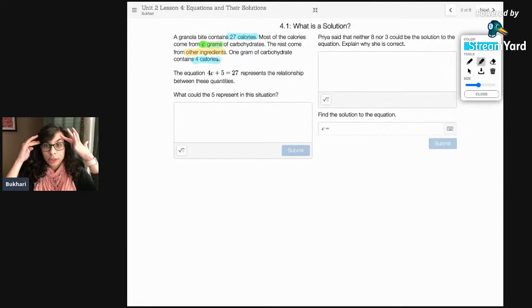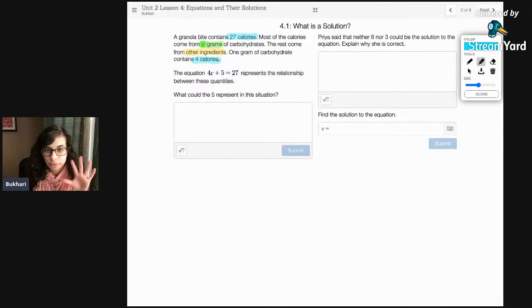And so think about what the equation is actually saying, right? I have 4C plus 5 equals 27. What does C represent? If C represents grams of carbohydrates, all right, so my grams, I understand why it's multiplying by 4 because 1 gram of carbohydrate contains 4 calories, plus 5.